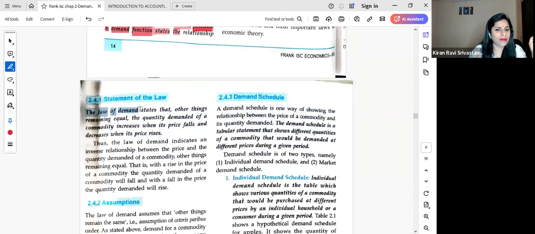The law of demand states that other things remaining equal. What are the other things? The other things here are the determinants of demand.